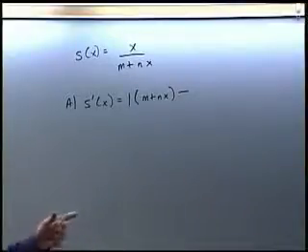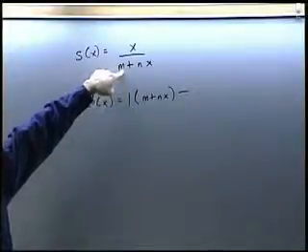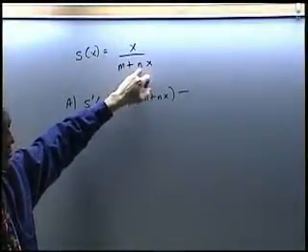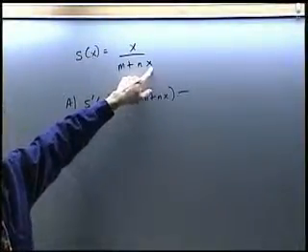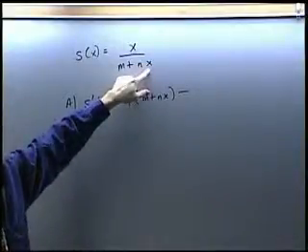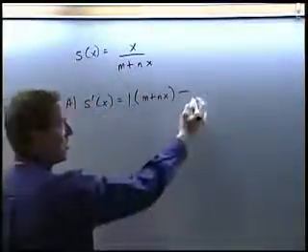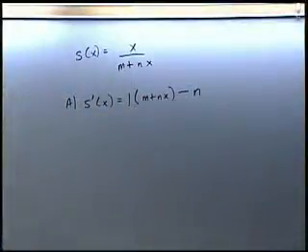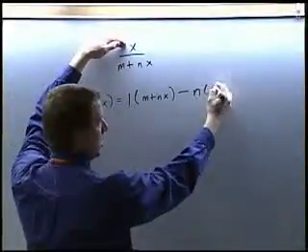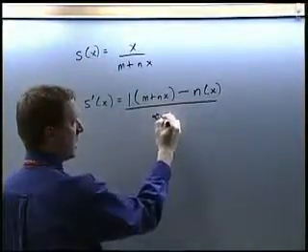Now again, this is the hard part, but if this was a number, what would be the derivative of a number? 0, so I don't have to worry about it. If this was a number, what would be the derivative of a number times x? It would just be the number, right? If this was a 3x, my derivative would be a 3. If it is a 5x, it would be a 5. So the derivative of the bottom is just n. Times the top, which just happens to be an x, all divided by the bottom squared.